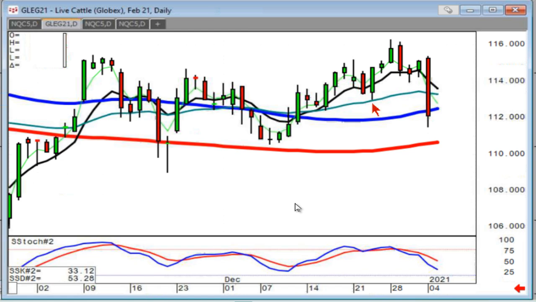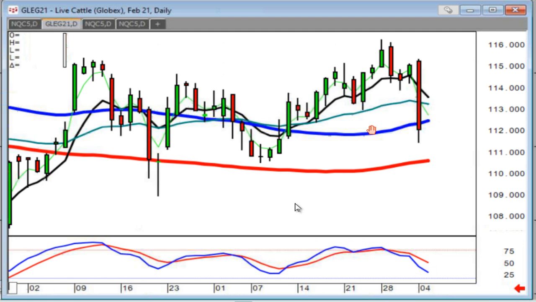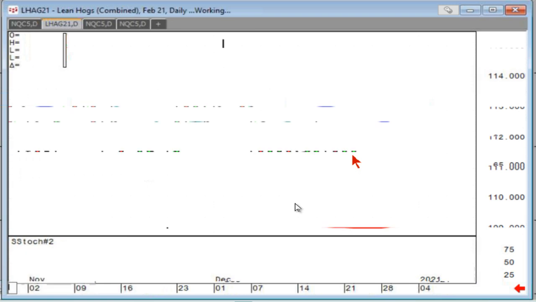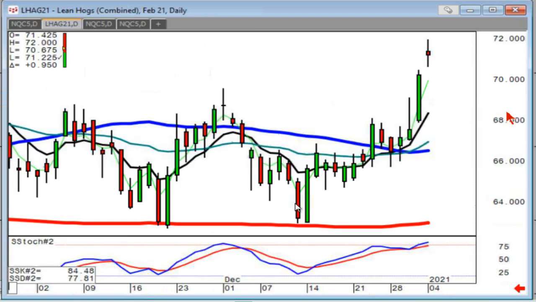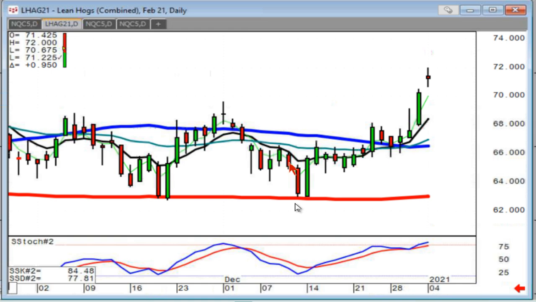This is cattle, apparently down pretty big today. And this was lean hogs. Look at the obvious bullish engulfing signals right off the 200. J-hook pattern. Got to stay long on hogs, but I'd have a safety stop at today's low.